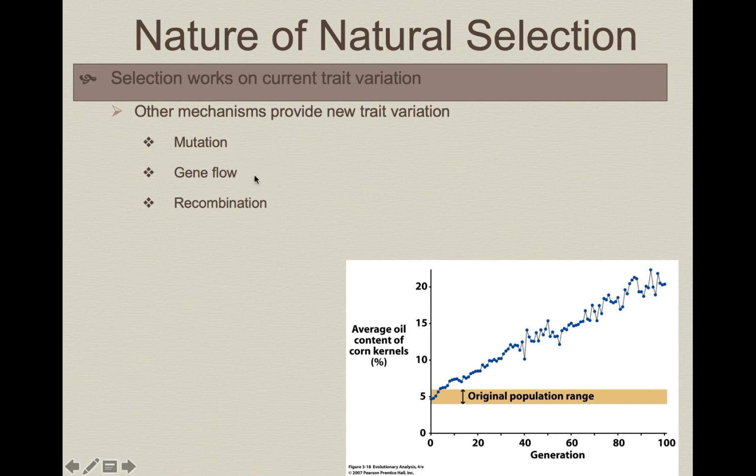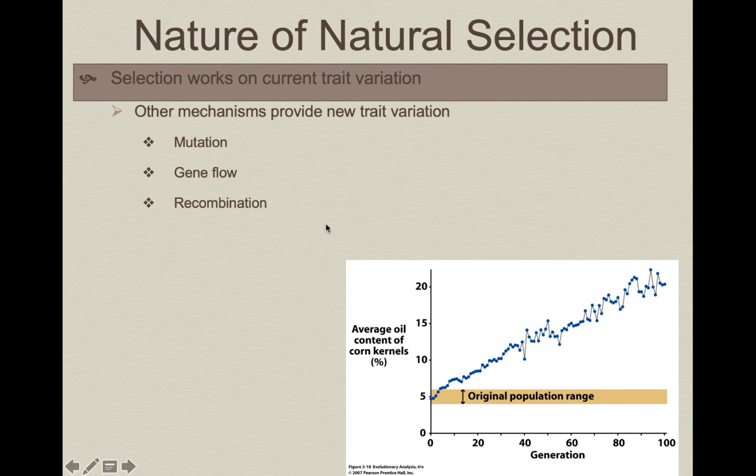A new allele associated with corn kernel production could also come through gene flow. Gene flow is when you bring in individuals from outside of the population that have additional alleles that may allow natural selection to proceed. So in this case, if a researcher brought in a new strain of corn that had different genes for the production of more oil, that could continue the experiment. And in some cases, sexual recombination between individuals produces combinations of alleles at different genes that have the capability of producing more oil.